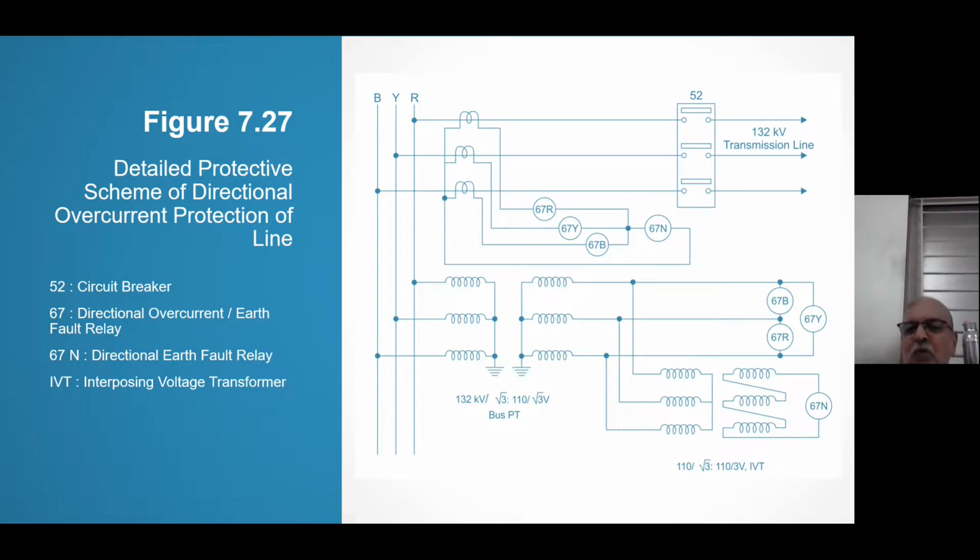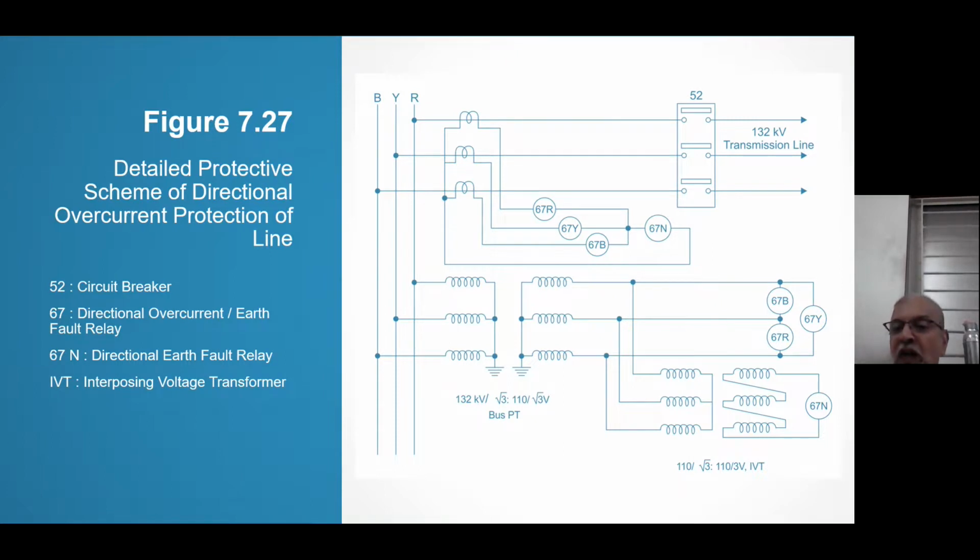Then PT, come to PT. 67R, I am connecting between YB. You can check up. I am connecting between YB. 67B, I am connecting between RY. And 67Y, I am connecting between R and B. Right? So the dead zone problem is solved.